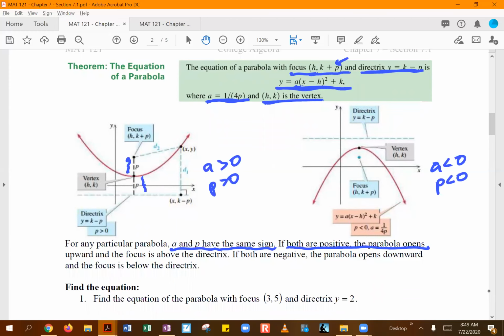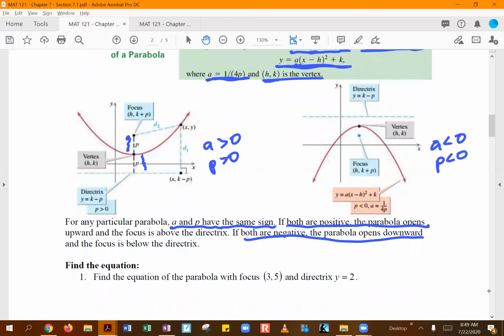If both are negative, the parabola will open down. And if your parabola opens up, which is what you're seeing in the left-hand side graph, then the focus is going to be above the directrix. And if the parabola is opening down, which is the right-hand side image, then of course your focus is going to be below the directrix.